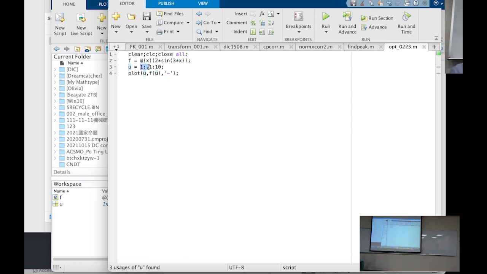Right here, this is one way to define a vector, starting from 1 to 10, and the gap between each value is 0.1. So it's going to be 1, 1.1, 1.2 until 10. I have a vector. And I plug in all the u's, basically all the x. And then the entire vector, I throw it into f through this handle.